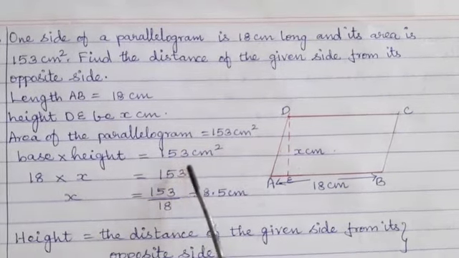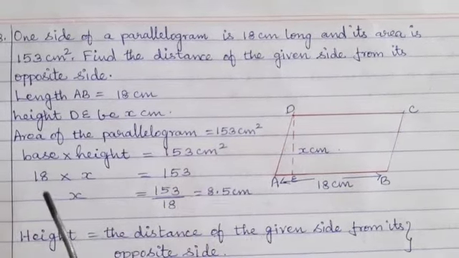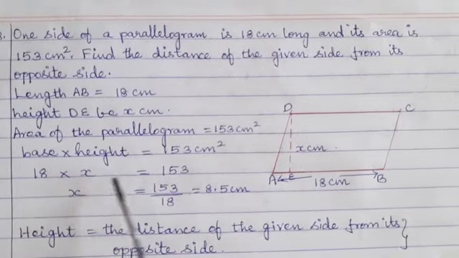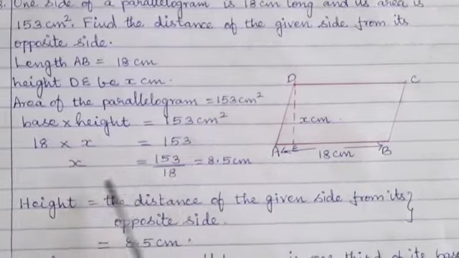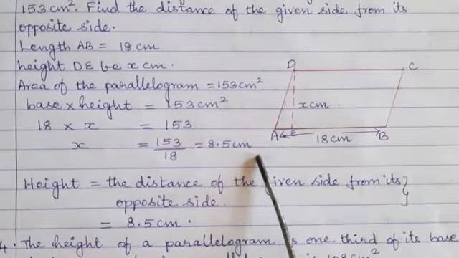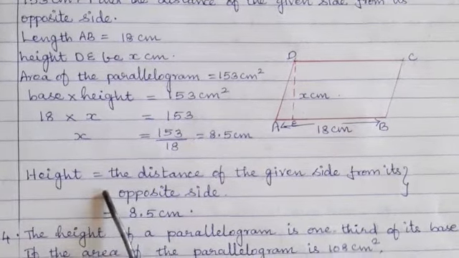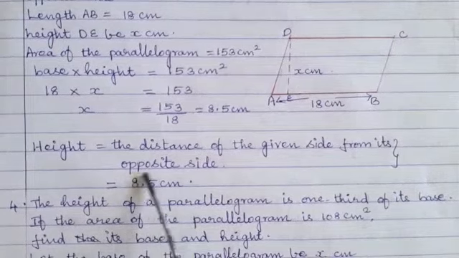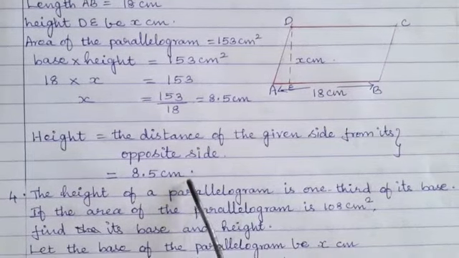Base into height equal to 153 cm squared. Base is 18 cm. Height is x. So 18 into x equal to 153. After solving the equation, x is equal to 8.5 cm. That is the height. So the distance of the given side from its opposite side is 8.5 cm.